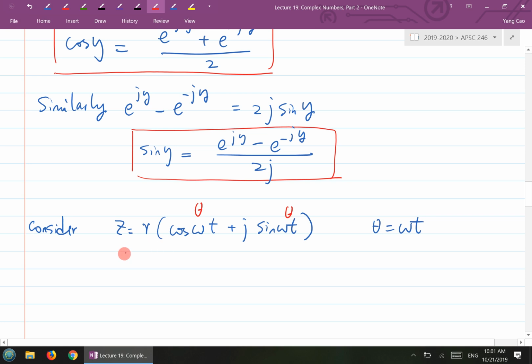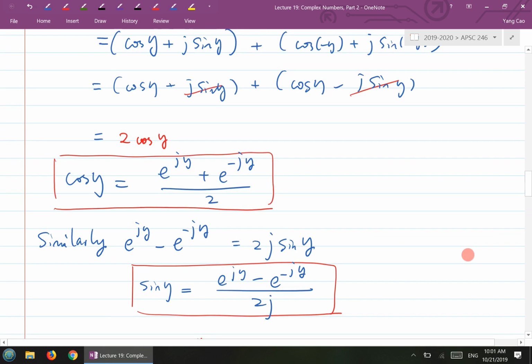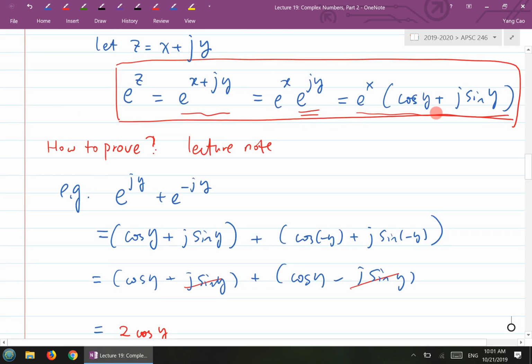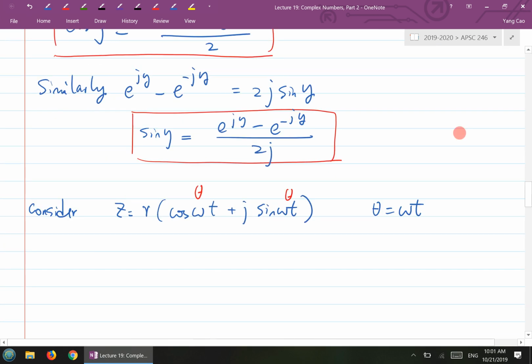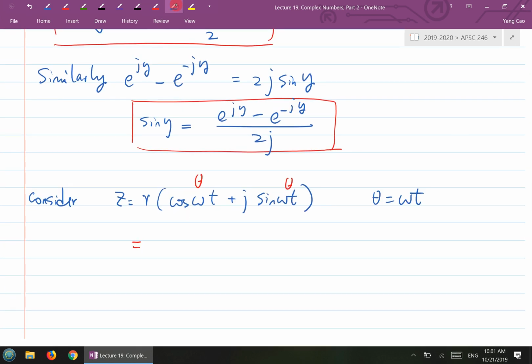Now, if you look at this complex number, this is very much like Euler's formula. This is cosine y plus j sine y. So the theta here, you can consider as theta. So what can you write this into? You can write it into e to the power of jy. So for this term, I can write it as r times e to the power of j omega t, using Euler's formula.